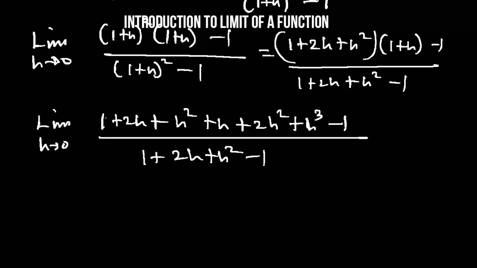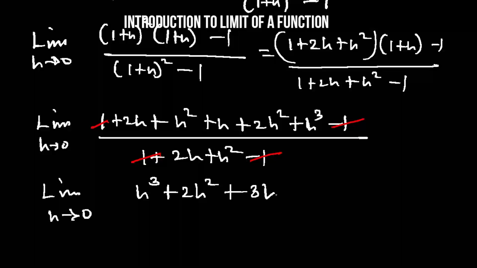So this and this go, and we are going to have 3h squared. So this would also cancel, right? So we have the limit as h tends to 0 of h cubed plus 2h squared plus 3h, divided by 2h plus h squared.